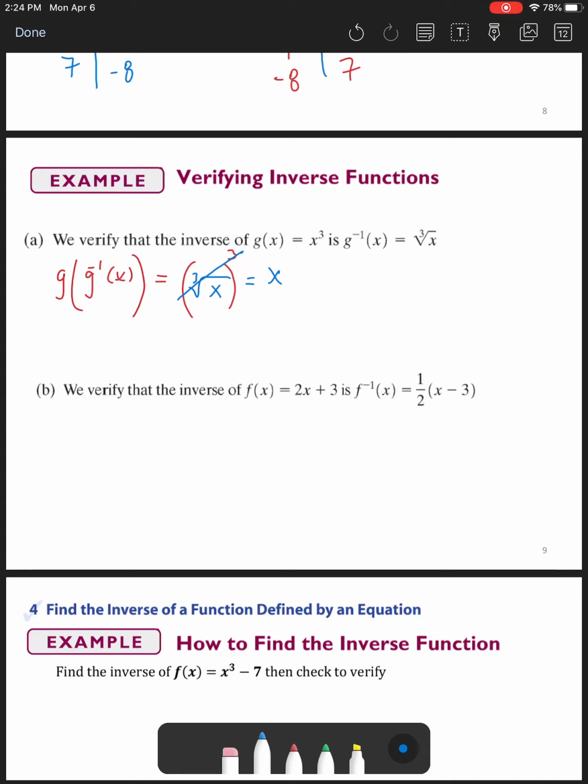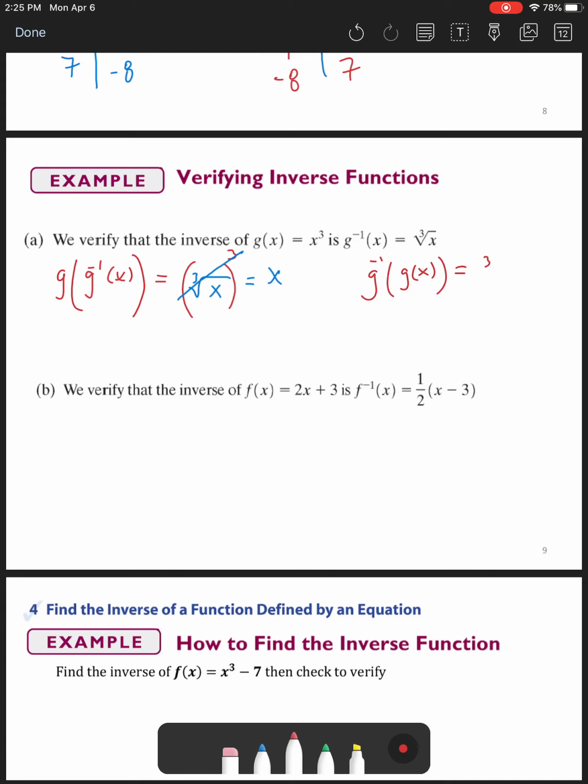On the other side, we're going to take the composition again. This time we're doing the inverse function on the outside and the original on the inside.